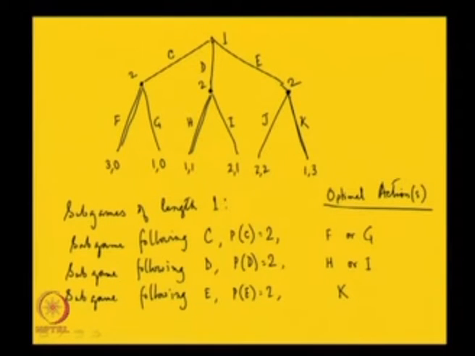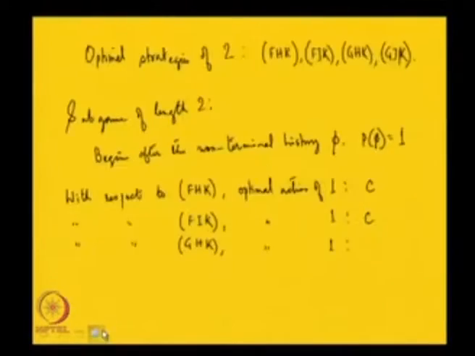So, what is the optimal action for player 1 in this subgame of length 2? All of them are optimal, C and D and E.